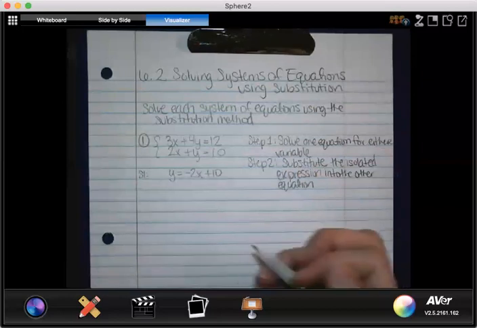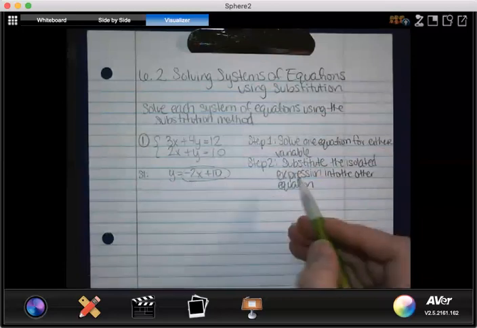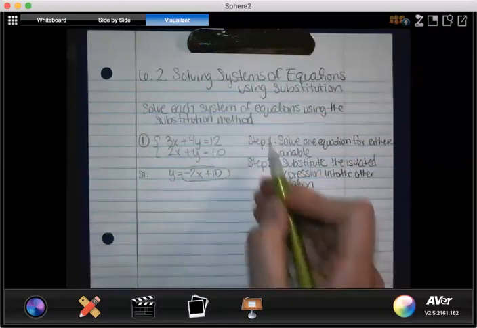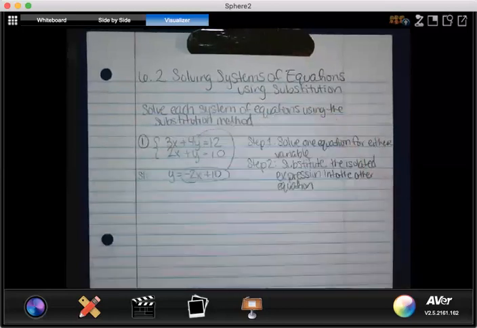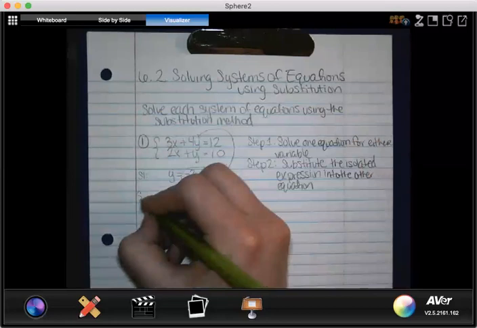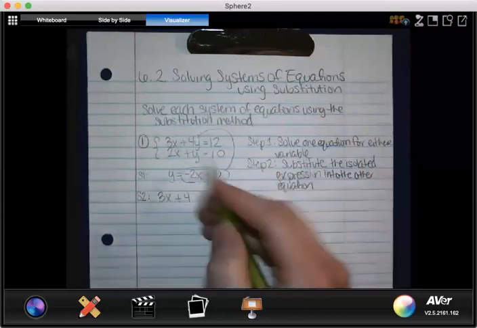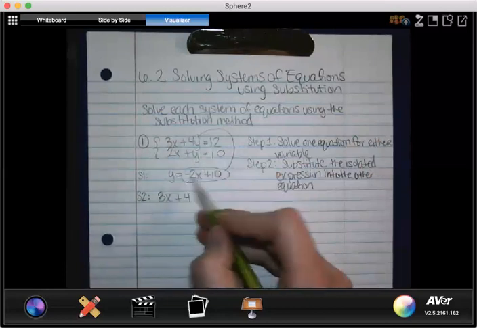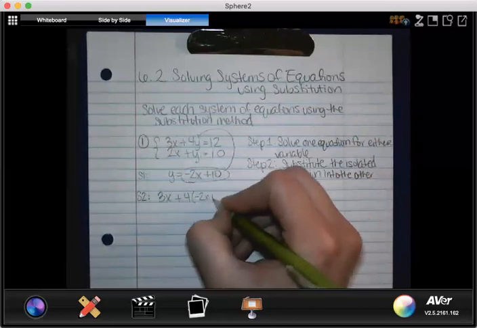So we are going to take this expression and substitute it into the other equation for y. So step 2, I'm going to have 3x plus 4, and rather than multiplying by y, I'm going to multiply it by the expression that we just solved for.